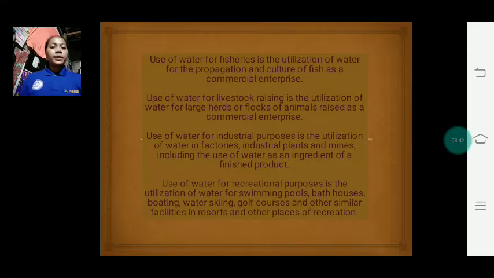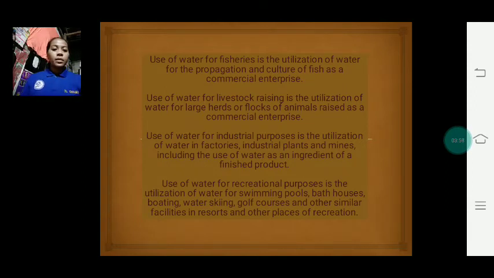Use of water for industrial purposes is the utilization of water in factories, industrial plants, and mines, including the use of water as an ingredient of a finished product.